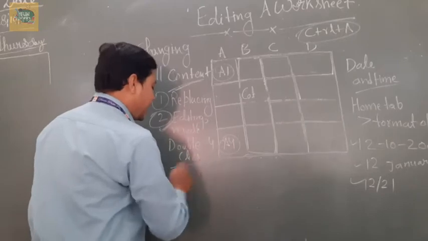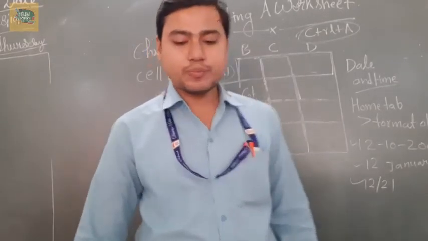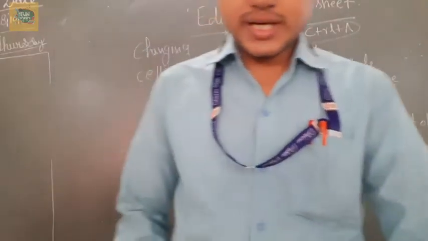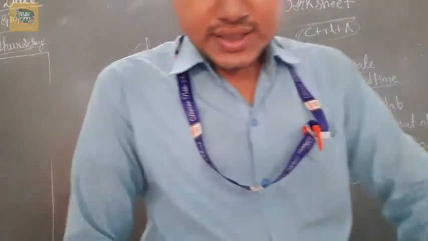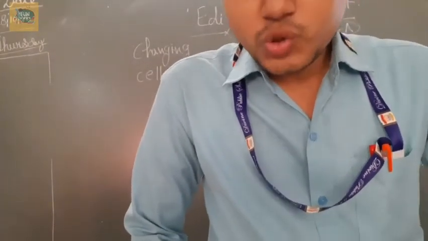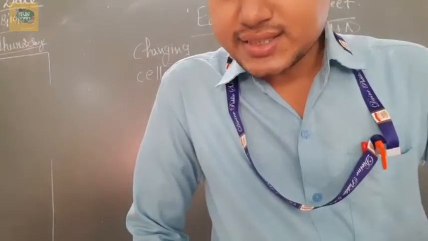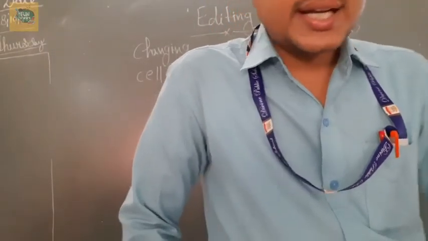As well as that, you can press the F2 key. Here the note is written, page number 65: you can change the cell content by pressing the F2 key. After selecting the cell, the cursor will blink at the end of the cell content.